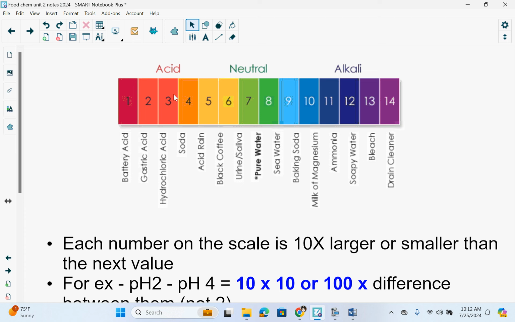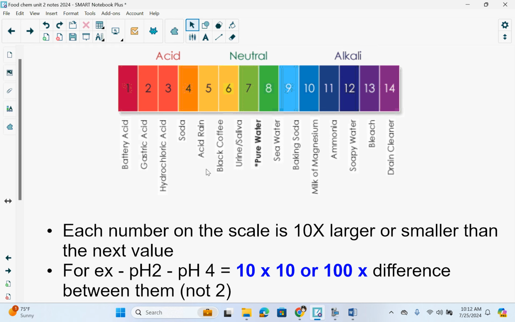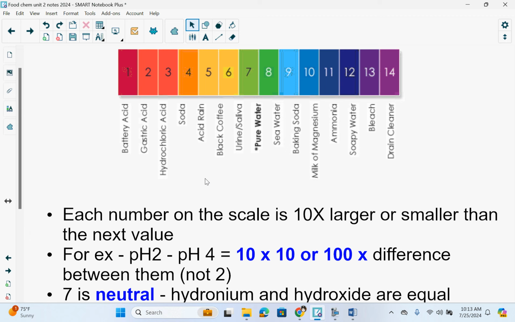It's not 2 to 3 is 1 and 3 to 4 is, that's not how it works. There's a difference of 10. So between pH 2 to pH 3, it's 10. And then 3 to 4 is another 10. So between pH 2 and pH 4, it's actually 10 times 10, or 100-degree difference between them, not 2.